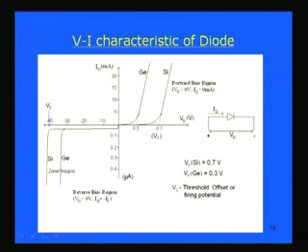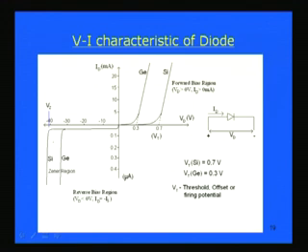For a very small change in the applied voltage, you will find a huge change in the current, exponentially growing. Similarly for silicon, a similar curve, only its barrier potential is 0.7 volt.